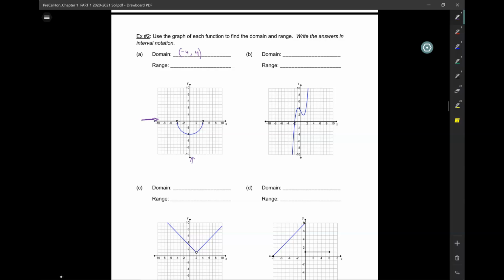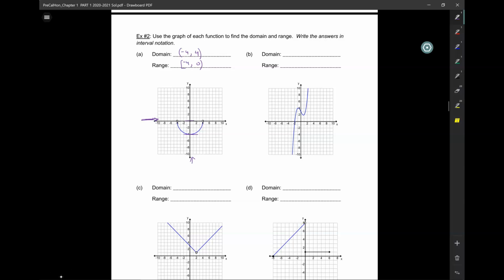Notice the first time I hit a graph is at y equals -4, and it goes up to y equals 0. So I say it extends from y equals -4 to 0. I have a graph at -4, but open circles at 0, so that's how I write it.